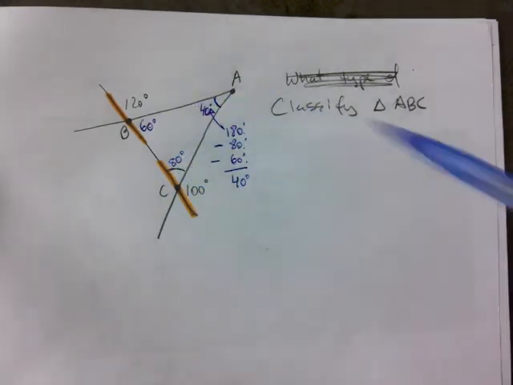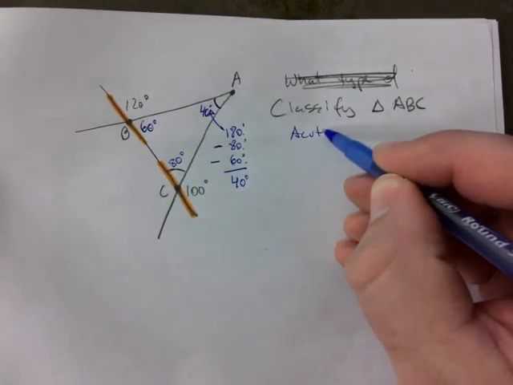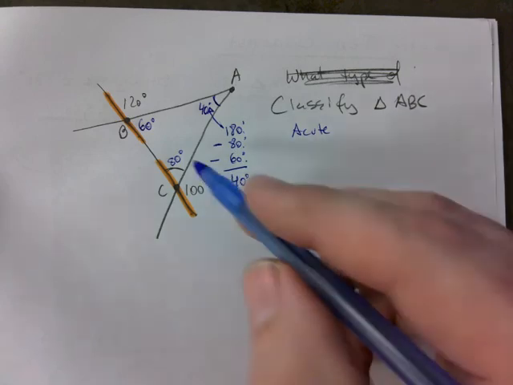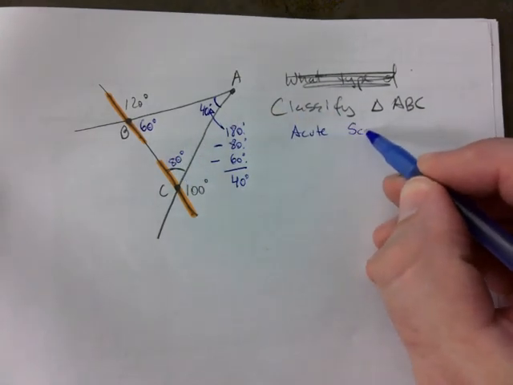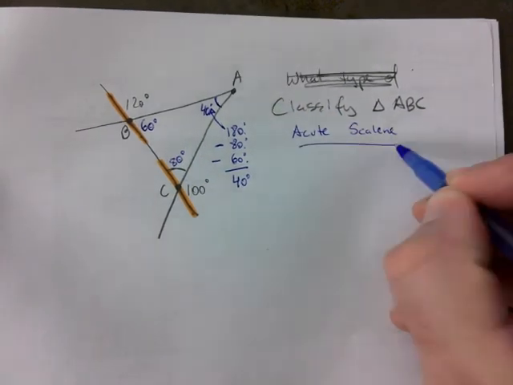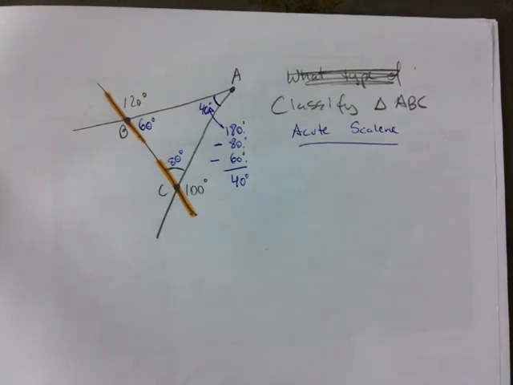You look at the numbers, it's acute, because none of them are bigger than 90. All of them are different. Scalene. So I hope when you come across something like it, I'm not saying it's going to be exactly like it, but that you're prepared for it, okay?